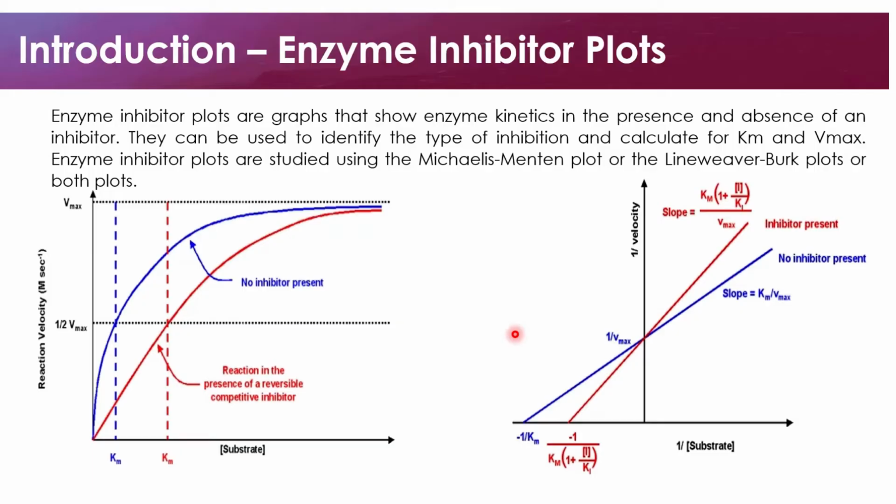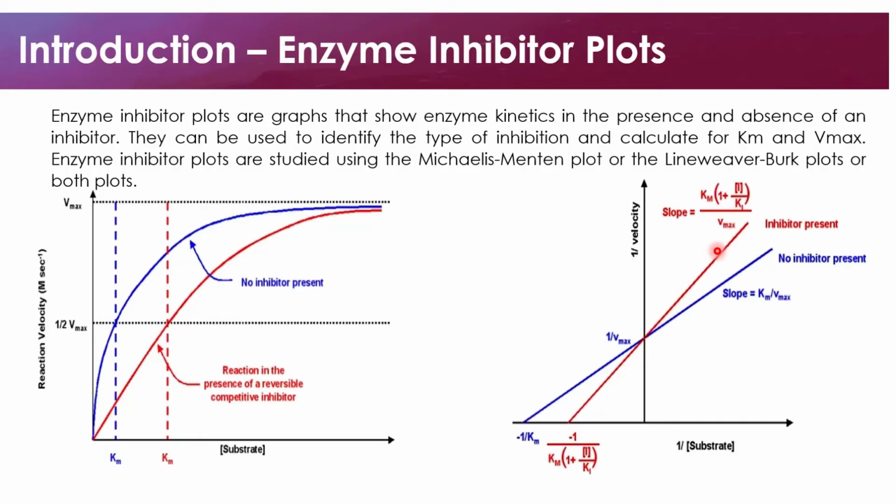The first is the enzymatic reaction in the absence of an inhibitor, which is indicated with the blue plot, as seen here for the Michaelis-Menten plot and here for the Lineweaver-Burk plot. And the second is the enzymatic reaction in the presence of an inhibitor, shown with the red plot for both the Michaelis-Menten and the Lineweaver-Burk plots.